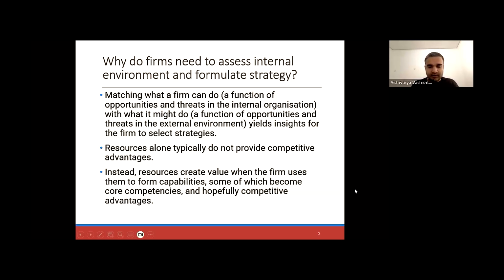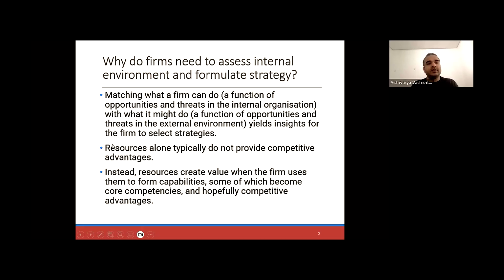So that is why we need to continuously assess whether we have the required capabilities which will give us competitive advantage. That is, we have to match our opportunities and threats in the internal organization to the opportunities and threats in the external environment. They should match, right?